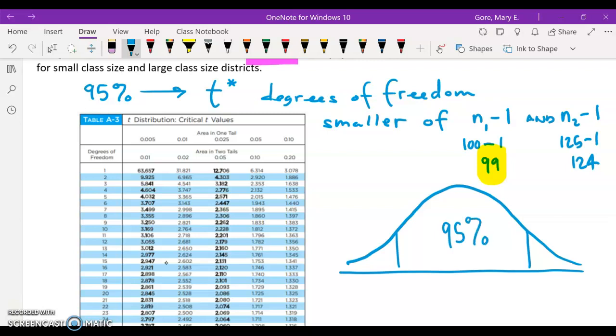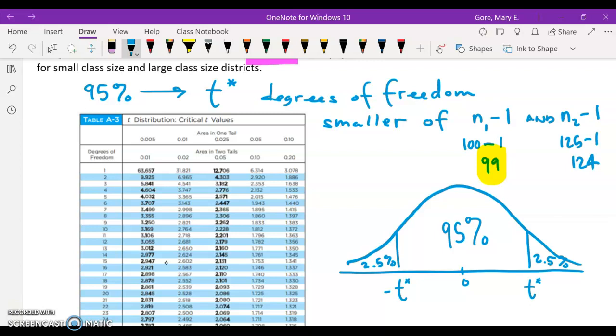So that leaves us thinking about what's on the exterior portion of this. This will give us our T star. Okay, and so that means that there's 5% left over, which if I split that evenly, that's 2.5% in each tail, or collectively 5% in both of the tails of this model.